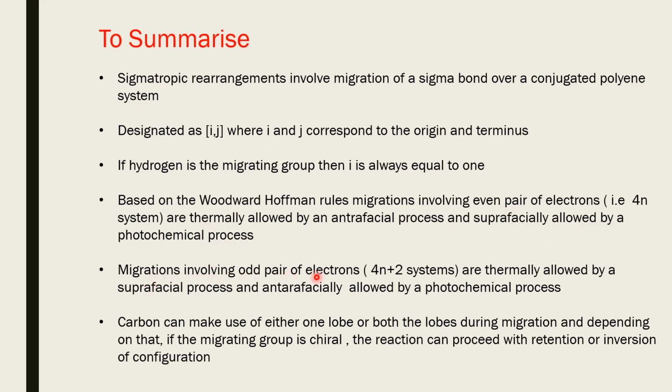However, if there is an odd number of pairs of electrons, that means a 4n plus 2 system, then they are thermally allowed by a suprafacial process and photochemically allowed by an antarafacial process. Carbon can make use of either one lobe or both the lobes during migration, and depending on that, if the migrating group is chiral, the reaction can proceed with retention or inversion of configuration.